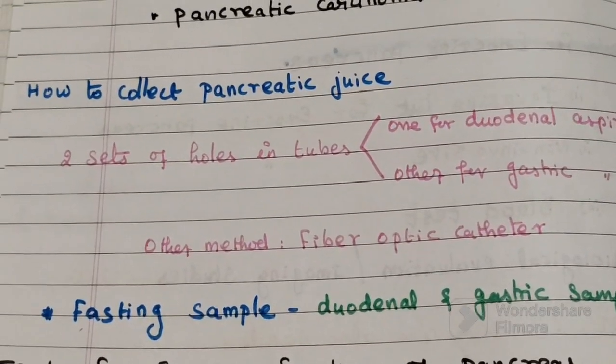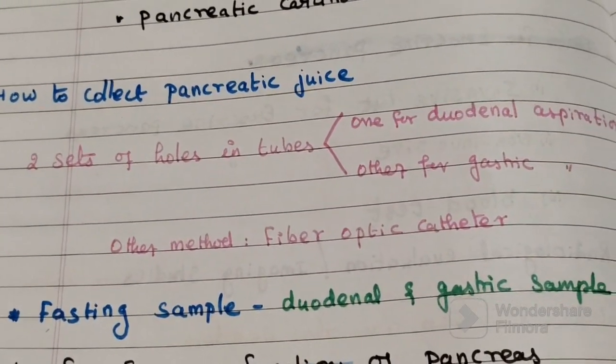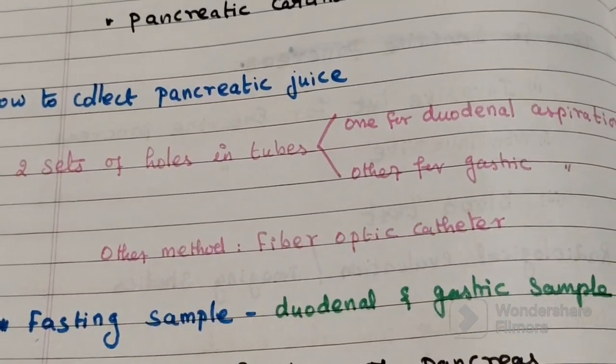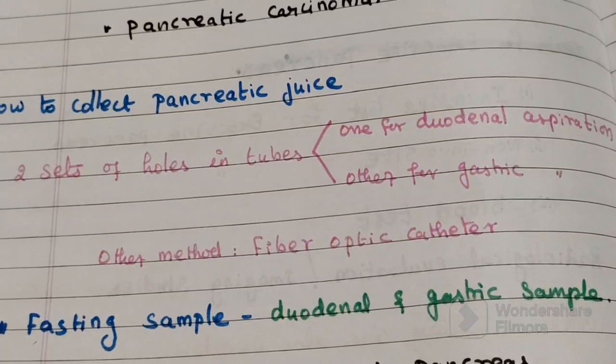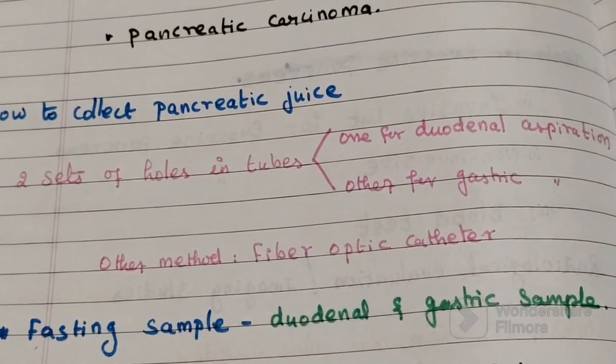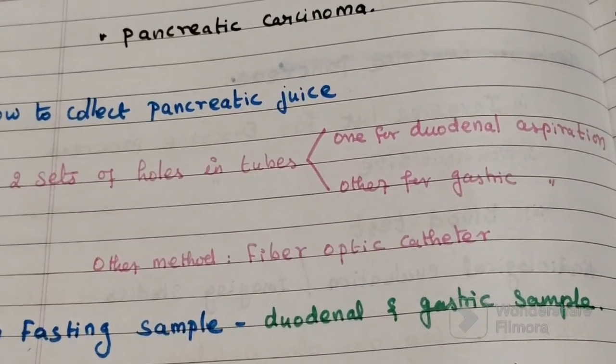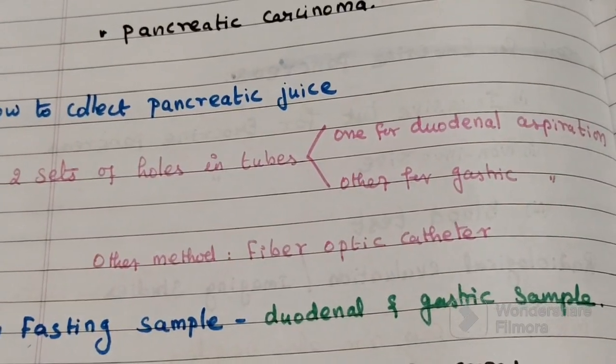Next, how to collect pancreatic juice. You have to insert a double lumen catheter which has a radio-opaque tube. We can trace it with the help of X-ray.